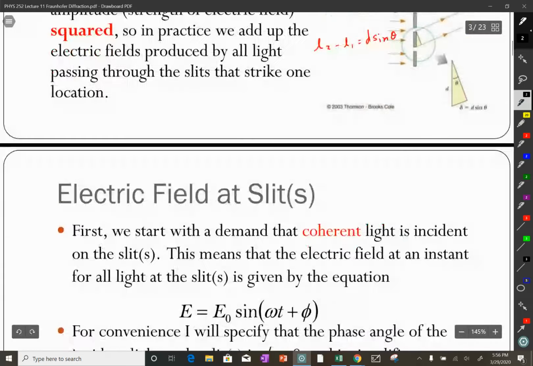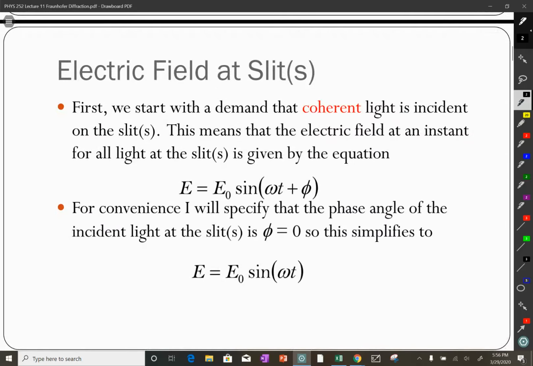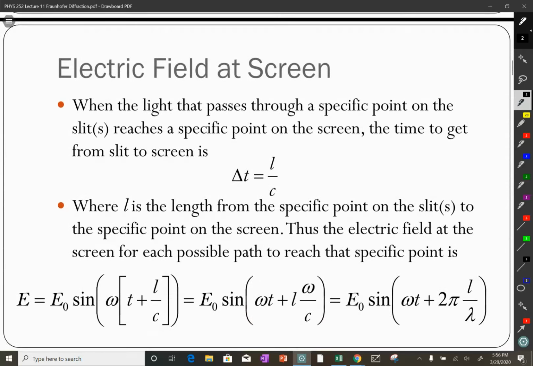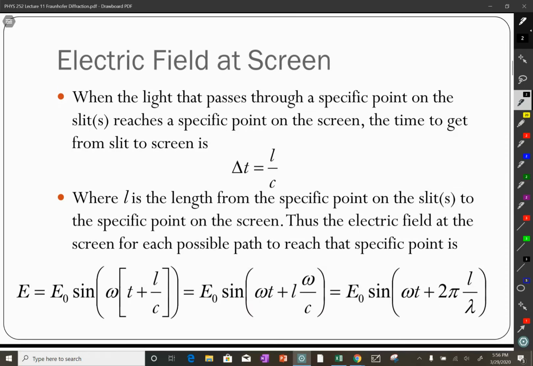Well, how does this work mathematically? So here we've already laid it out, that E equals E0 sine omega t at each slit. But now when we get to the screen, it took more time to go from the slit to the screen. So the time it took to get from the slit to the screen is just using our standard equation that says that distance is equal to speed multiplied by time, then time is equal to distance over speed.